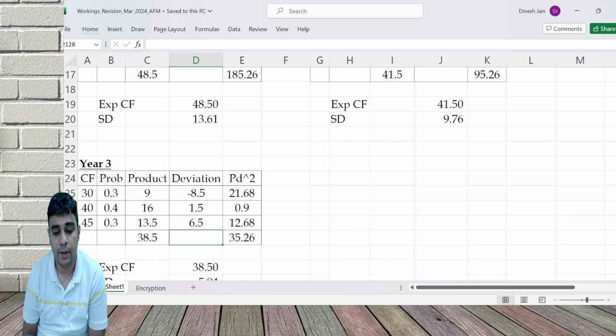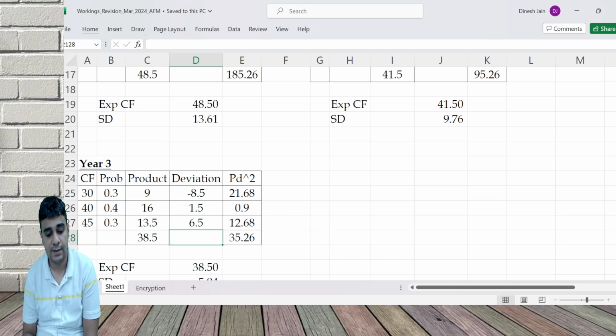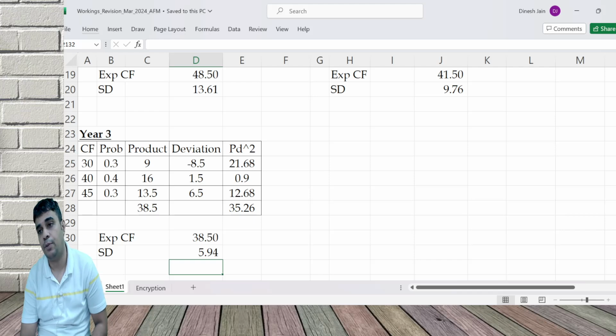Year 2 41.5, 9.76. Year 3 38.5 and 5.94.